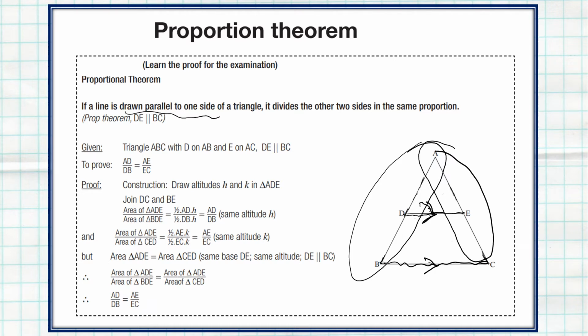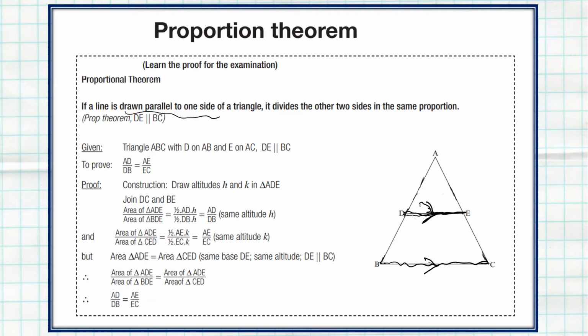Very, very simple. So you can realize now that those key basics are very important for you to be able to come up with a mathematical representation of these words. They're saying if a line is drawn parallel to one side of a triangle, it's only drawn to one side. Look at the bigger triangle ABC.